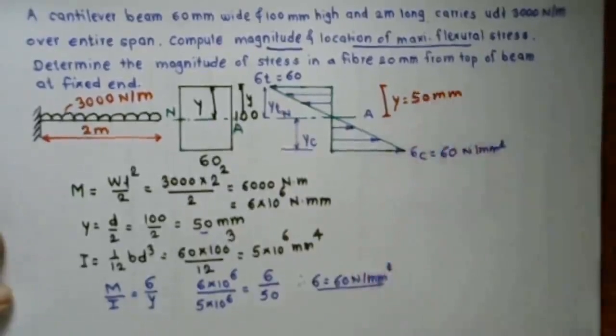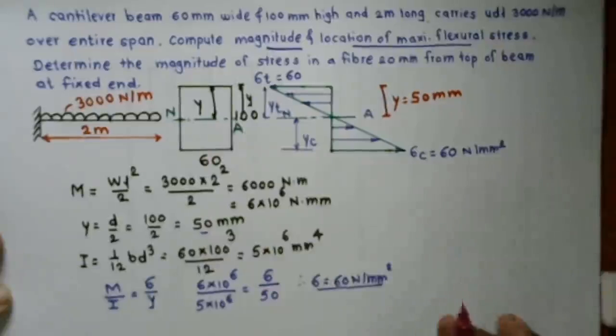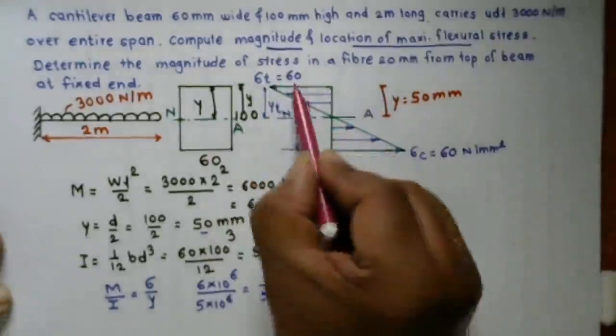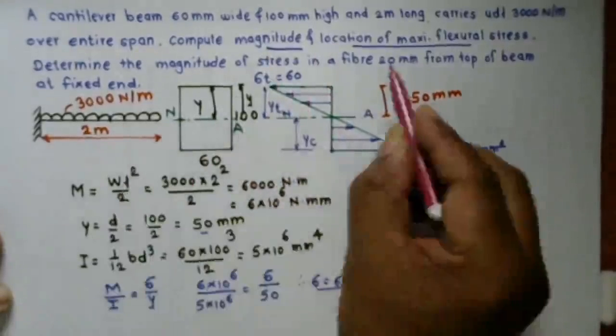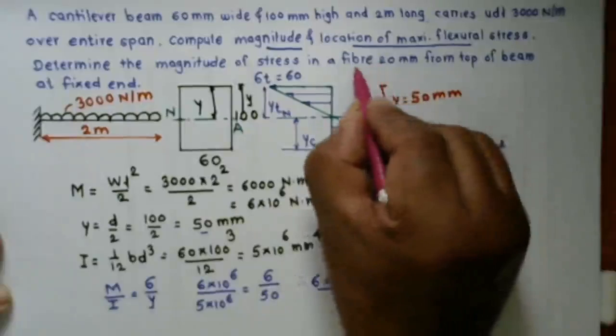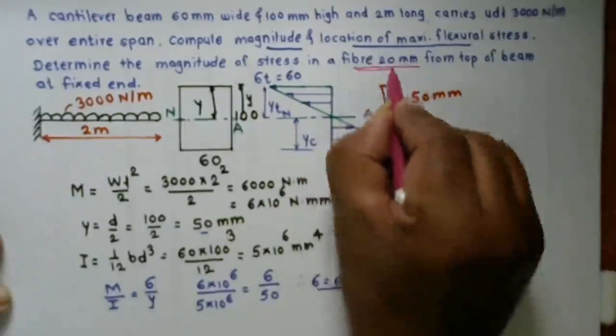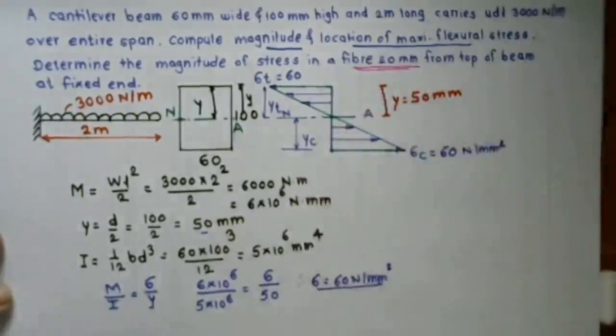So the maximum stress induced in the section is 60 Newton per mm square, and it acts at the outer fiber of the section. Now in this case, again we have to calculate the stress at a fiber 20 mm from the top of the beam.